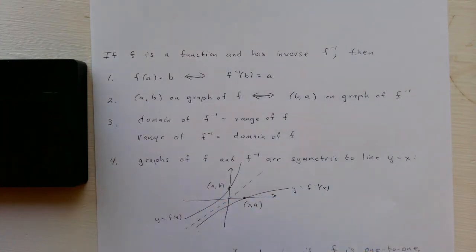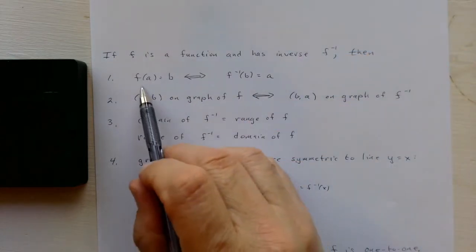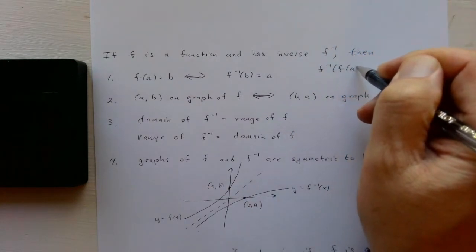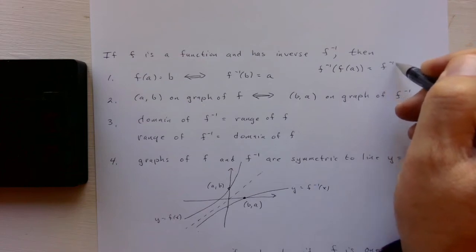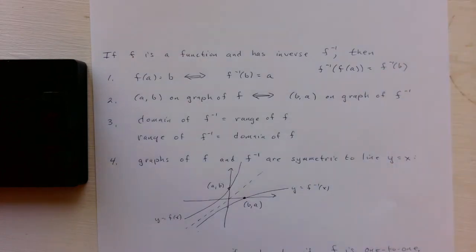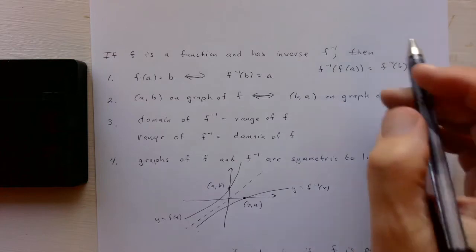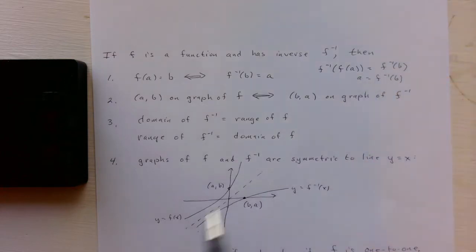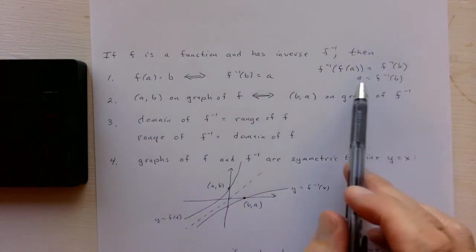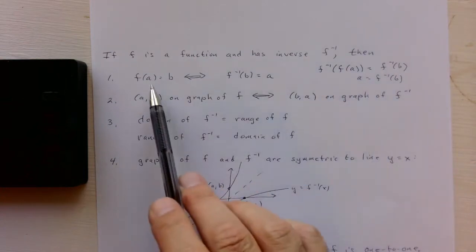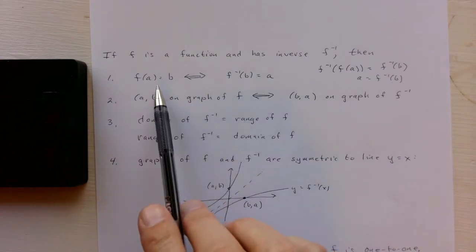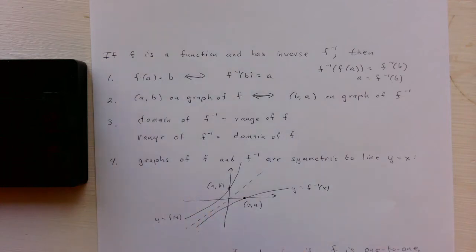In other words, the roles of a and b are reversed. And the reason why that's true is if we take this equation and apply f inverse to both sides, then the f inverse and the f cancel out, and we get a equals f inverse of b. And similarly, we can apply f to both sides, and we'll get back here again. So basically, the inputs and outputs are reversed.